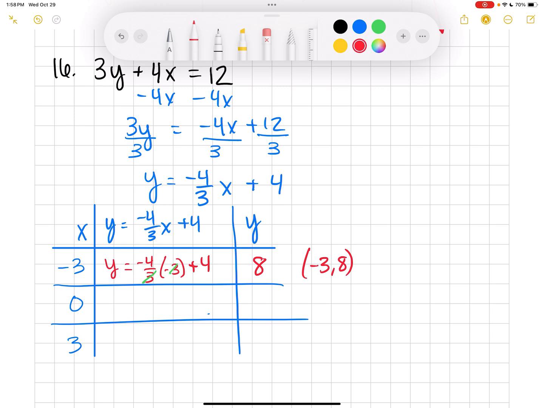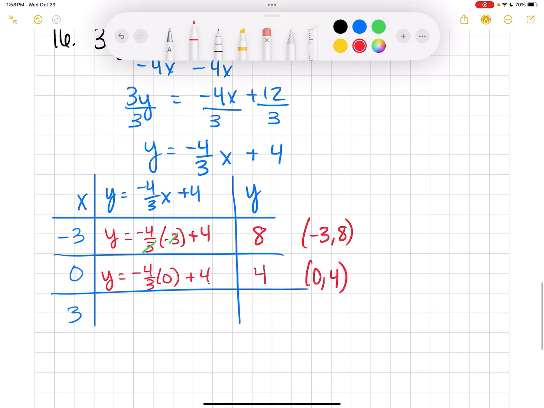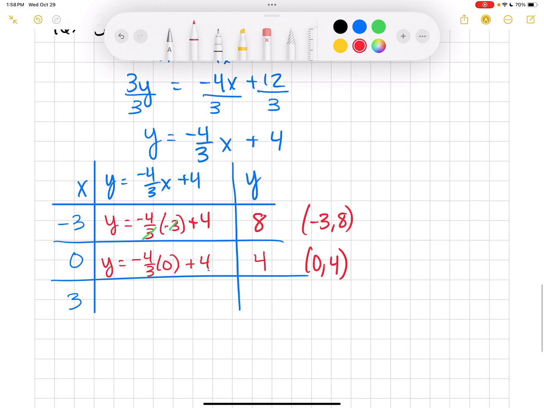And then y equals negative 4/3 times 0 plus 4. What's that equal to? 4. So this is the point 0, 4. And then over here, y equals negative 4/3 times 3 plus 4. 3's cancel. Negative 4 plus 4 is 0. So this is the point 3, 0.